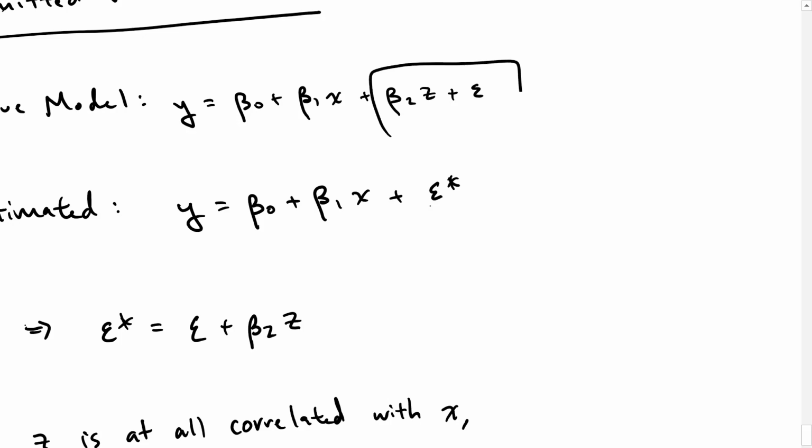If you leave this out, then both of these get put into the estimated error term. And so if z is correlated with x, well, yes, there's multicollinearity, but if you leave it out, there's omitted variable bias, because now epsilon, the model's epsilon, is correlated with the model's x.